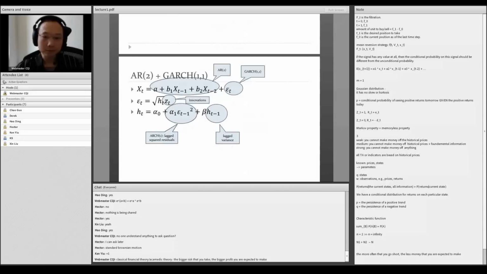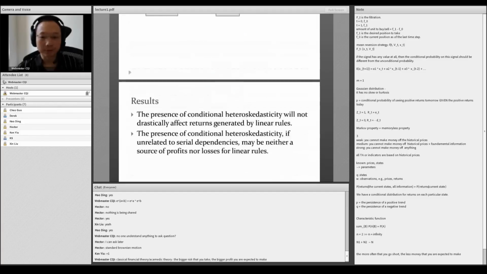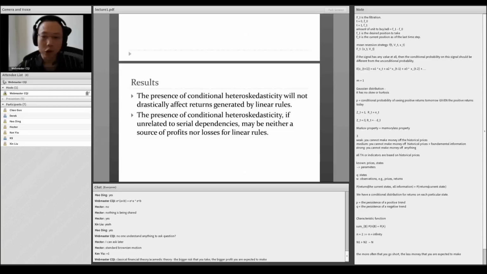Okay, it turns out that adding conditional heteroscedasticity does not change the expectation of the linear technical indicators. It means that all the graphs that I showed you remain more or less the same. So it seems the volatility effect does not affect the expectation of linear trading rules. So it's neither a source of profit nor losses for linear trading rules. So we can forget about the volatility effect when we are playing the linear technical indicators.